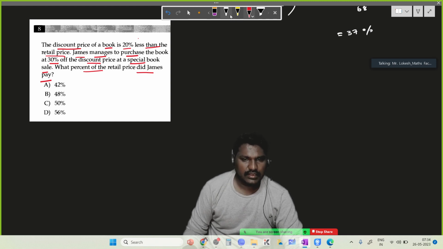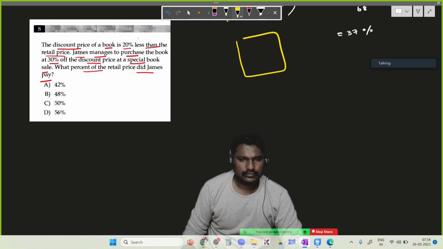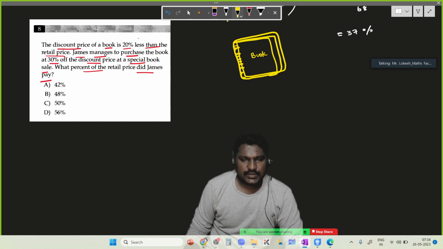For example, let us think that we have a book. So let me write it as some book. Now let the initial cost be rupees 100.